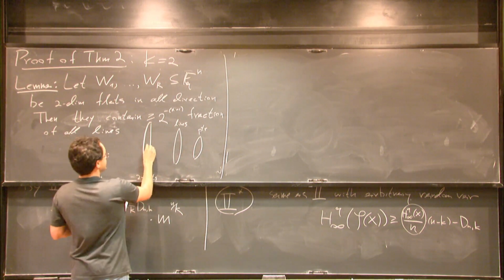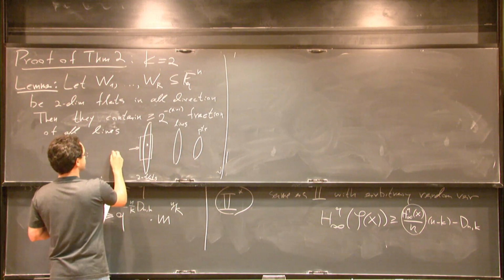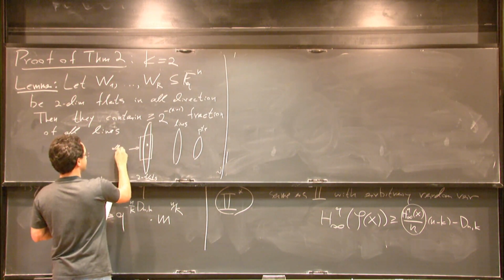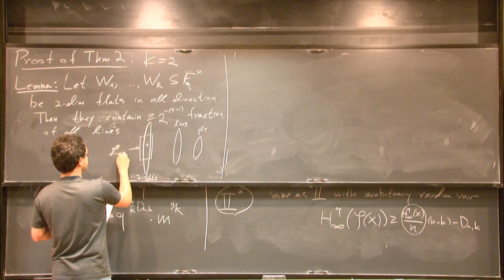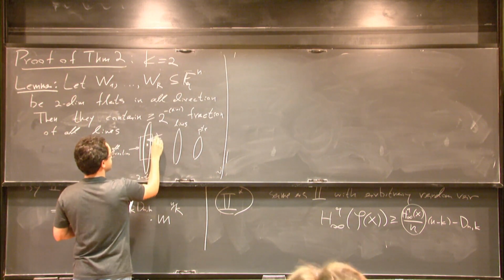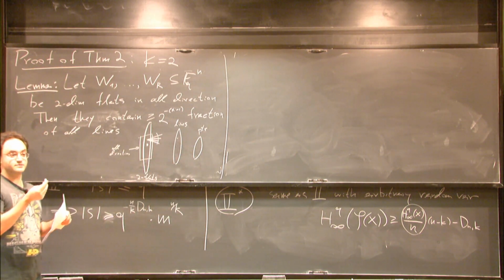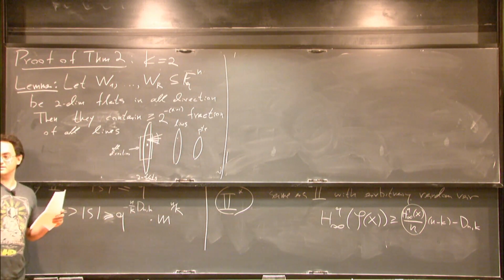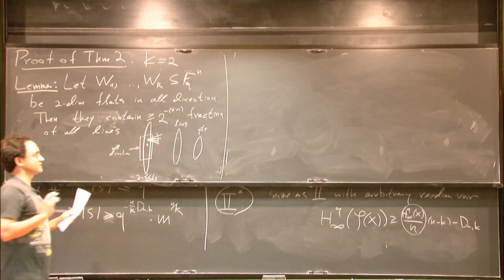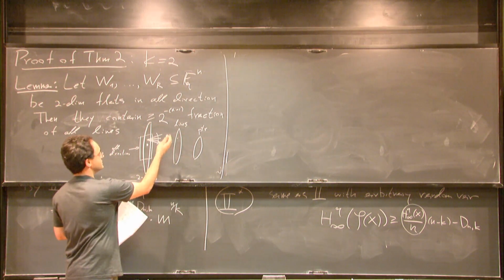If you take any set here that has all directions, and you connect each two flat to all the lines inside of it, it's like a simplicial complex picture. These are the two cells, these are the one cells, whatever.